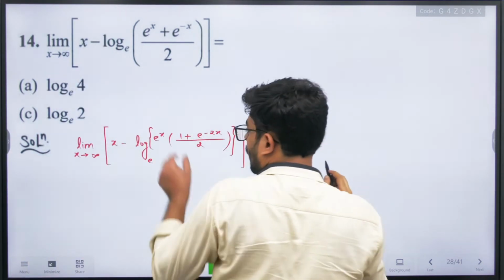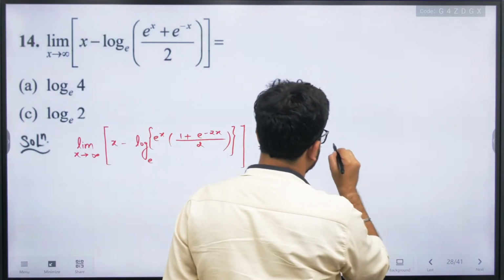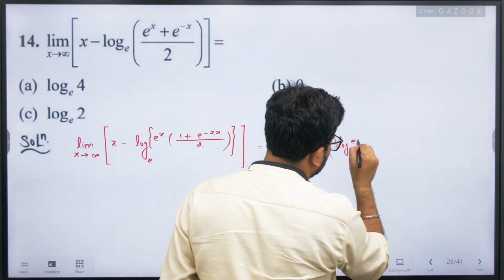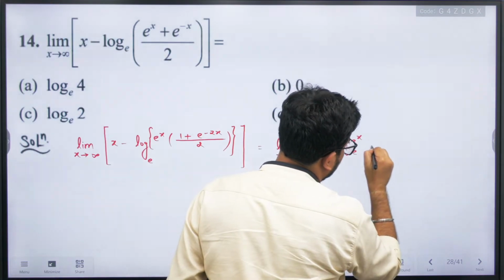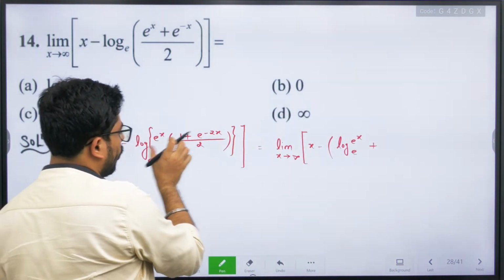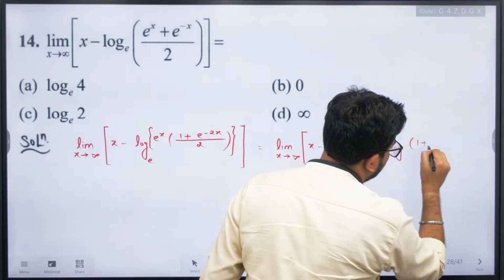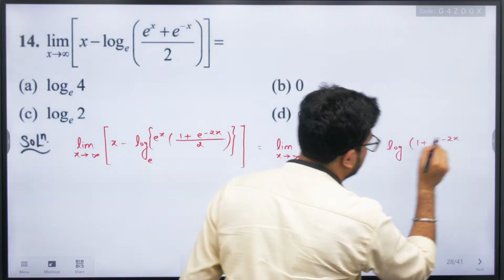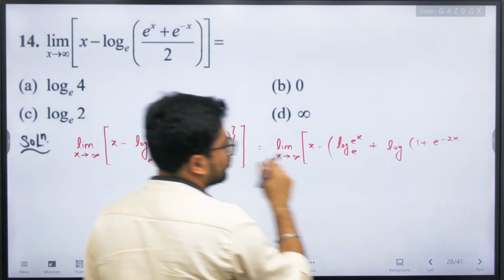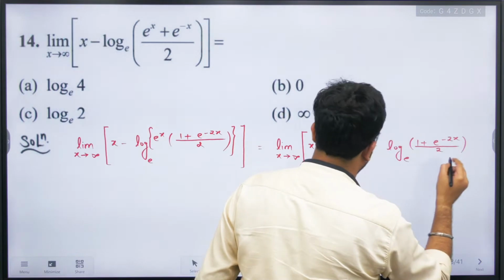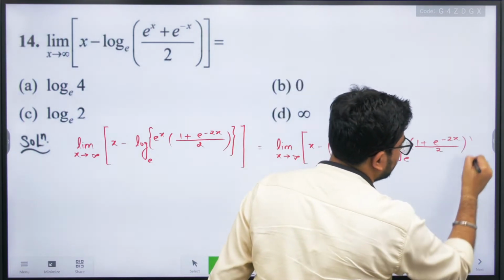So this is log of e to the power x to the base e plus log of (1 plus e power minus 2x) whole divided by 2 to the base e. Okay, that's the thing.